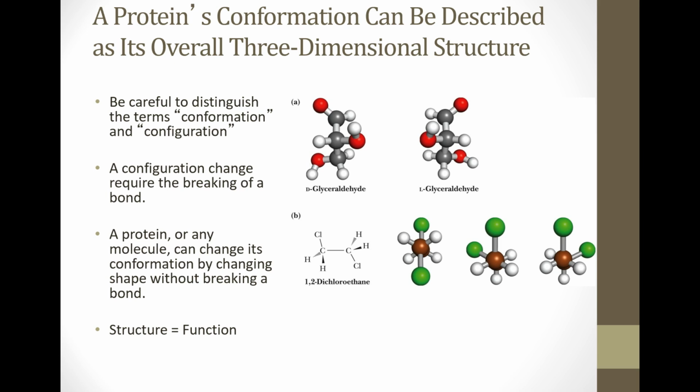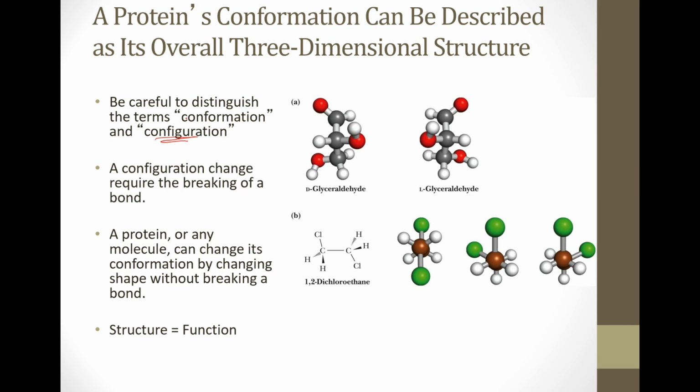Case in point, conformation is the 3-dimensional orientation of a protein structure. Configuration is something totally different. Configuration involves the actual breaking of bonds if you're comparing configurations, and something that we used a lot of in organic chemistry.